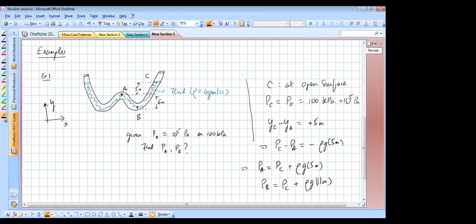Now just use the equations to work out numerically the pressure difference between these. So anybody else got the answer?